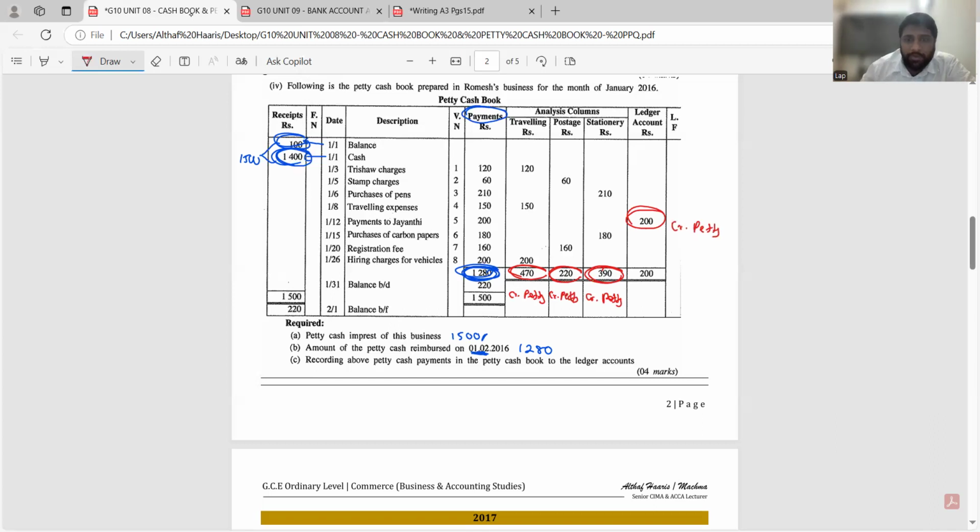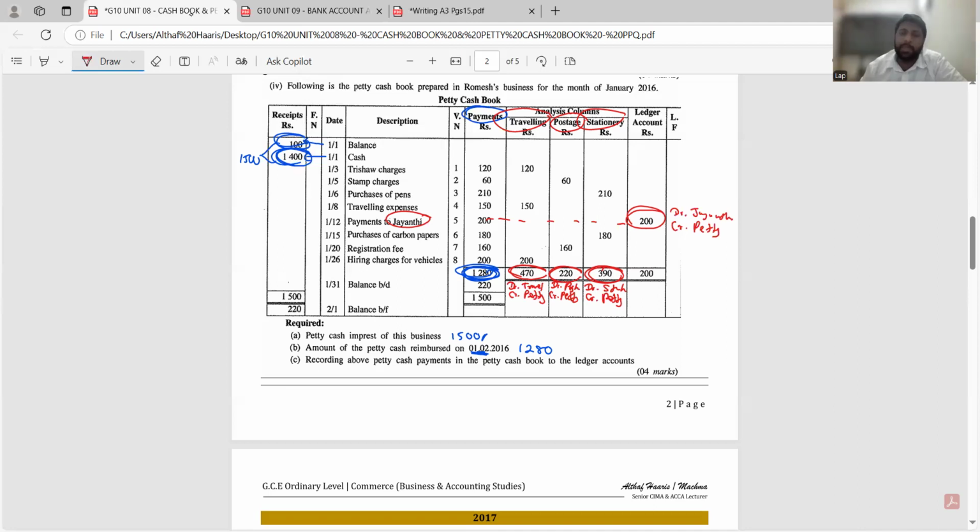Here you should debit the travel expense. Debit travel. Here debit postage. Here debit stationery. Here, who is this person? Jayanti. Debit Jayanti. Simple.